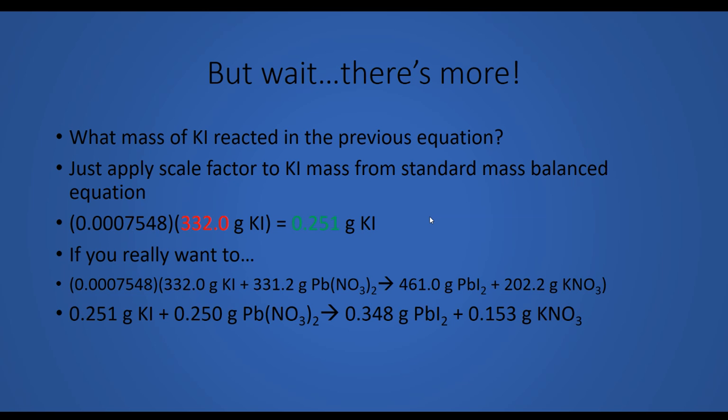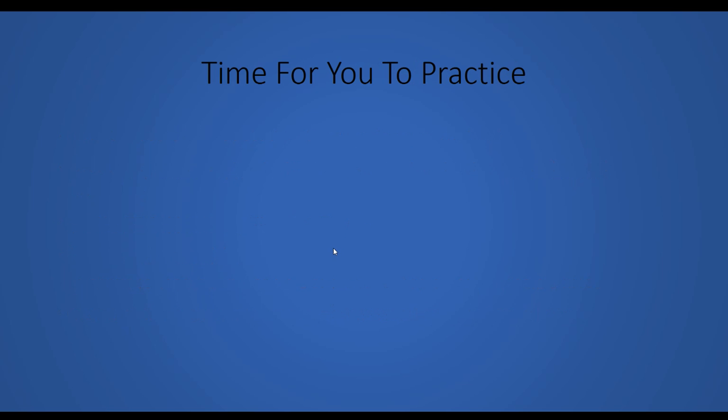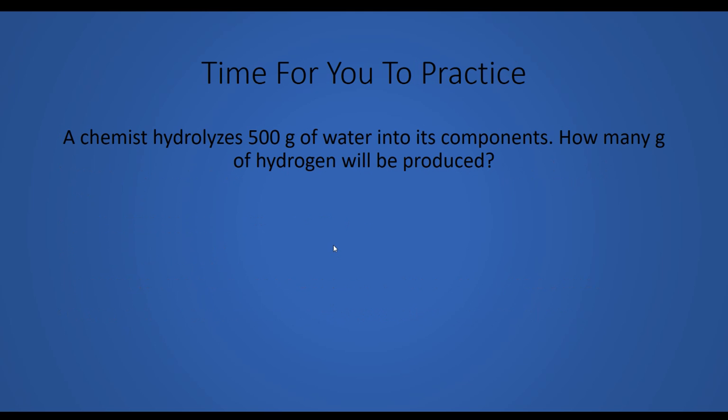It asked you what mass of lead iodide would be formed, and there it is. And then it asked you what mass of potassium iodide would have reacted, and there that is. And so if you really want to keep doing it this way, you can. But for those of you who know how to cut to the chase, you can save a little bit of time there. Okay, guys, it's time for you to practice.